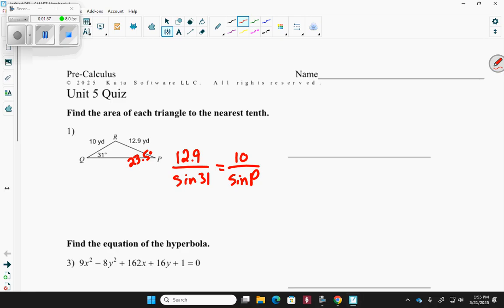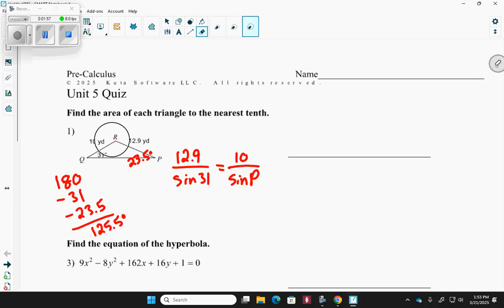But remember, I'm looking for angle R. Going off the rule of triangles, remember triangles always equal 180 degrees. So I'm going to take 180 degrees and subtract the two angles, and I get angle R being 125.5 degrees.